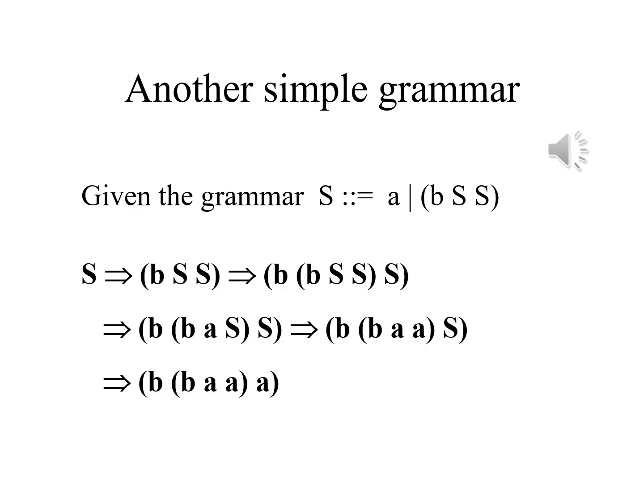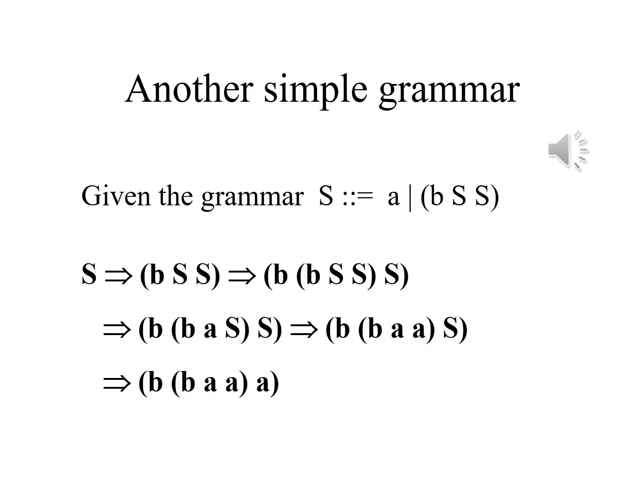Now we'll do it again, and again we'll start off with S derives open parenthesis B, S, S, and now we will apply the same production to the first of the 2 S's in the parentheses. And now we'll have open parenthesis B, open parenthesis B, S, S, close parenthesis, S, close parenthesis.